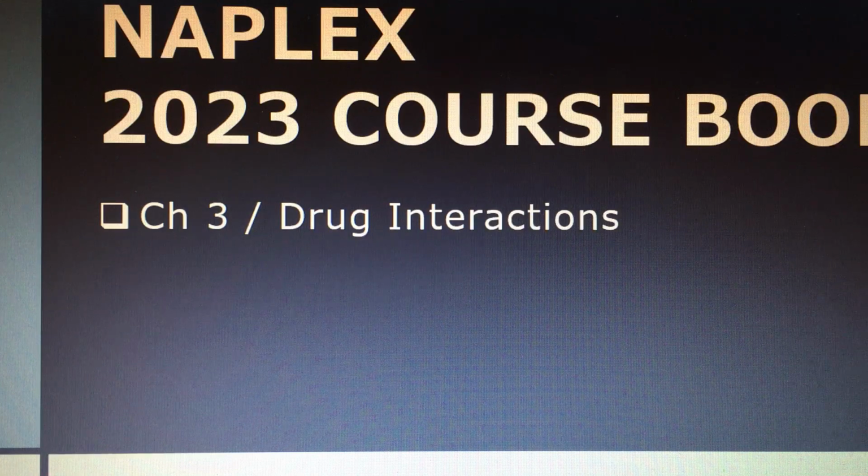Examples of harmful interactions, we look at clarithromycin. It inhibits warfarin metabolism, which then increases the INR and risk of bleeding. We look at rifampin. It induces warfarin metabolism, which decreases the INR and increases the risk of blood clot.